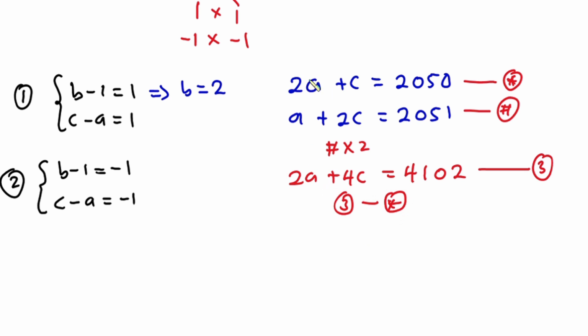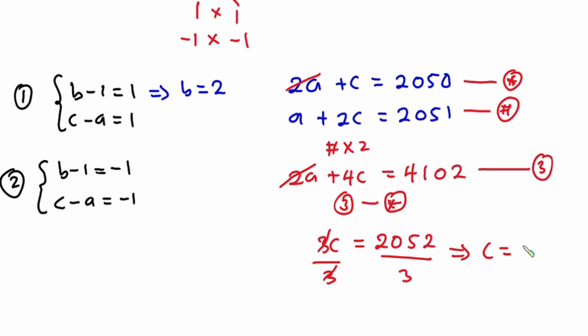If we do that, you see that this 2a and then this 2a will go, and we are left with 4c minus c, that is 3c, and this is equal to 4102 minus 2050, that is 2052. Now we want c, so let's divide each side of the equation by 3 so that this 3 and this 3 will go. Now we have c is equal to 684.